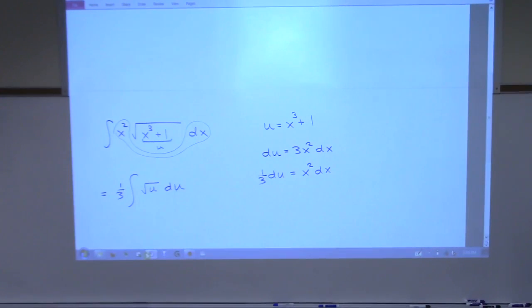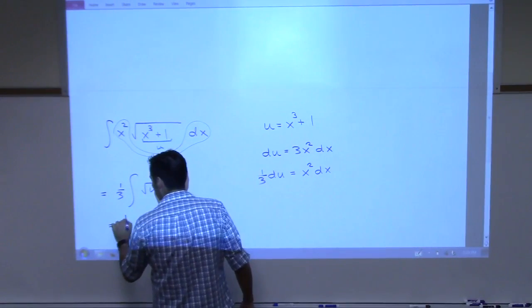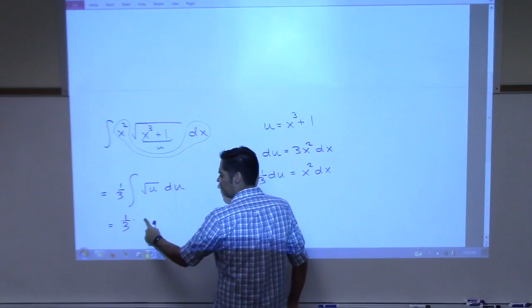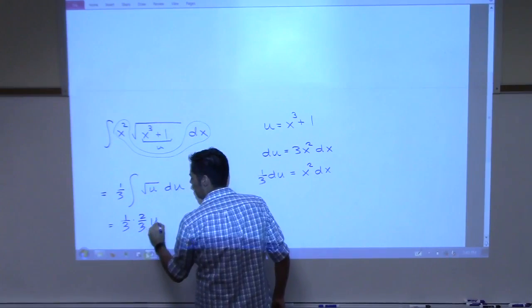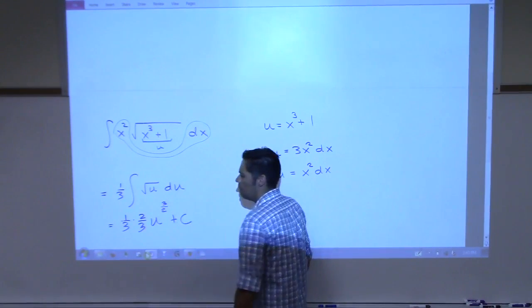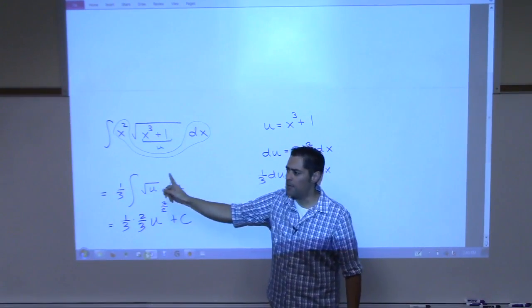And to save us a little time, I'm going to assume you can take the antiderivative of that. At the end of this, when you take the antiderivative, anyone know what the number is out here? 2/3. u to the 3/2 plus c. So you just turn that into u to the 1/2, n is 1/2, you do your thing.